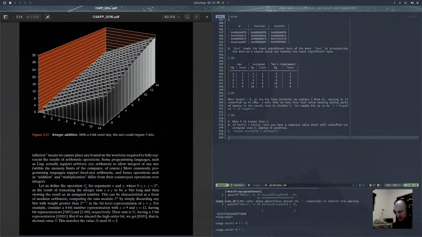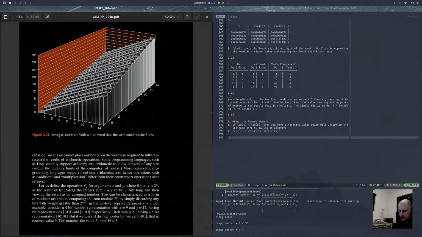So this continued word inflation means we cannot place any bounds on the word size required to fully represent the results of arithmetic operations. Some programming languages, such as Lisp, actually support arbitrary size arithmetic to allow integers of any size within the memory limits of the computer, of course. More commonly, programming languages support fixed size arithmetic, and hence operations such as addition and multiplication differ from their counterpart operations over integers.